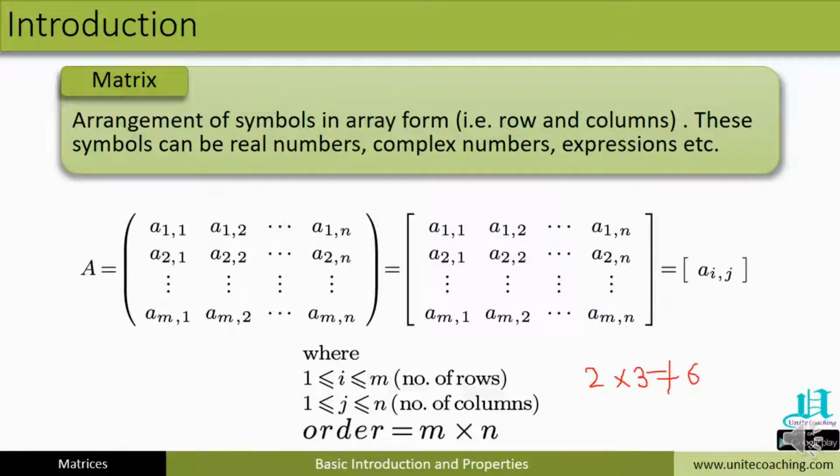We don't say that the order of the matrix is 6 because we don't calculate the product. We just represent it as 2 into 3. So this is just a representation: number of rows into number of columns is equal to the order. Remember this.